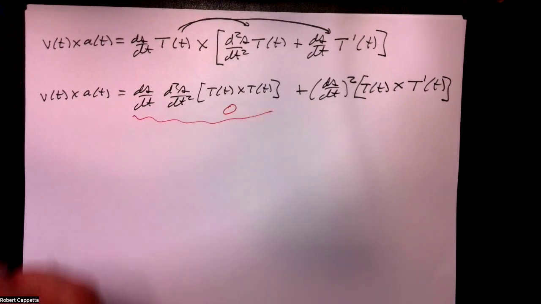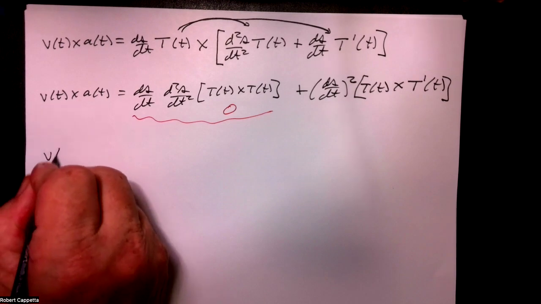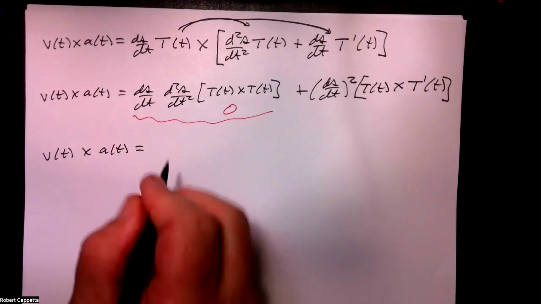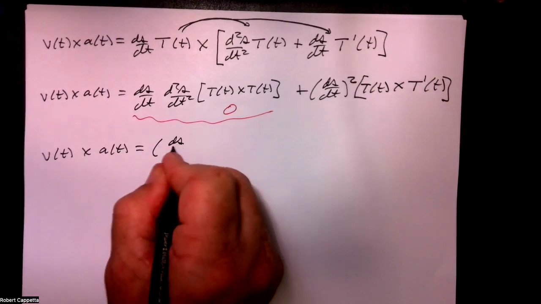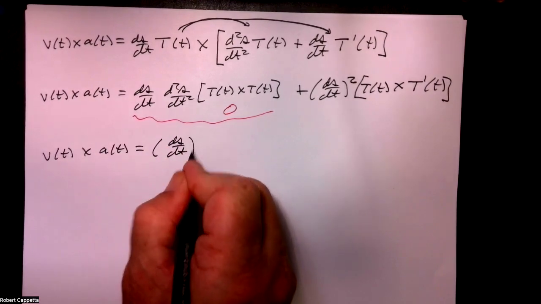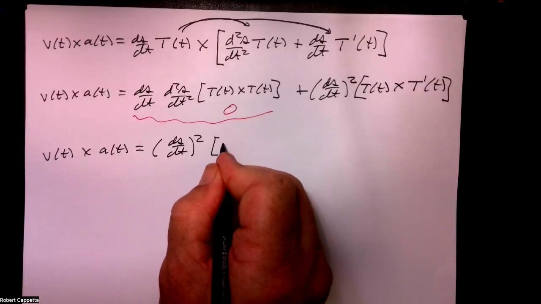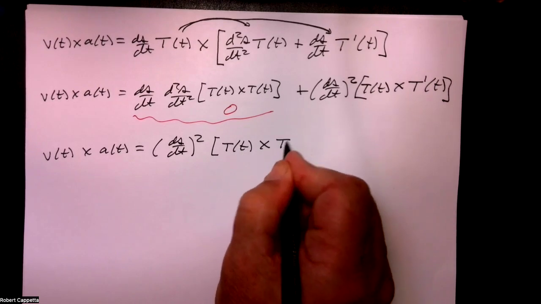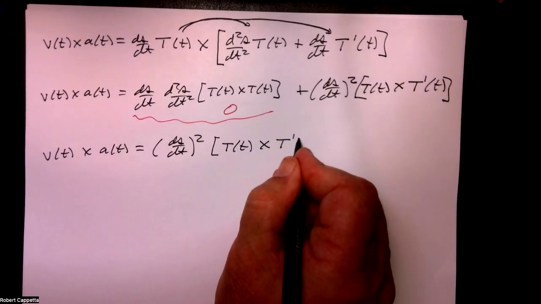So where does that send me next then? We'll say v of t cross a of t is ds/dt squared times T of t cross T prime of t.